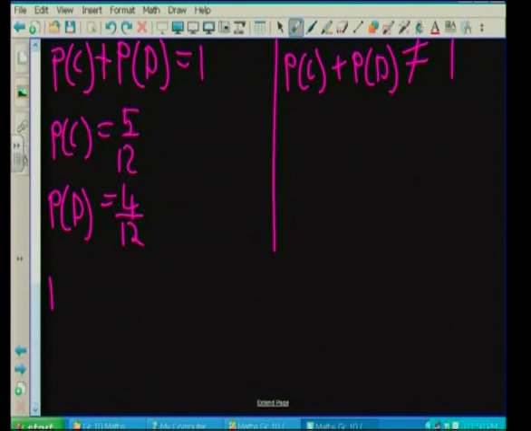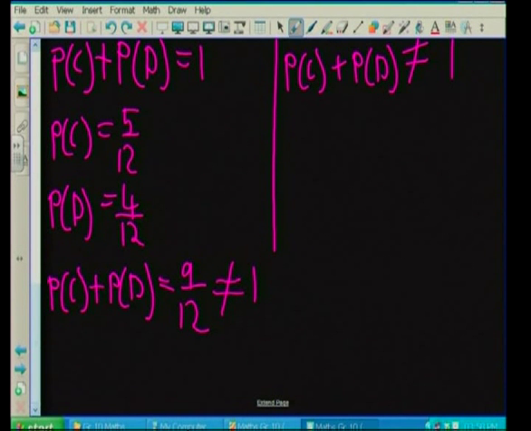So the probability of C plus the probability of D is 9 out of 12. That is not equal to 1, so they are not exhaustive. Right, so remember, the one plus the other must be 1 in order for them to be exhaustive.